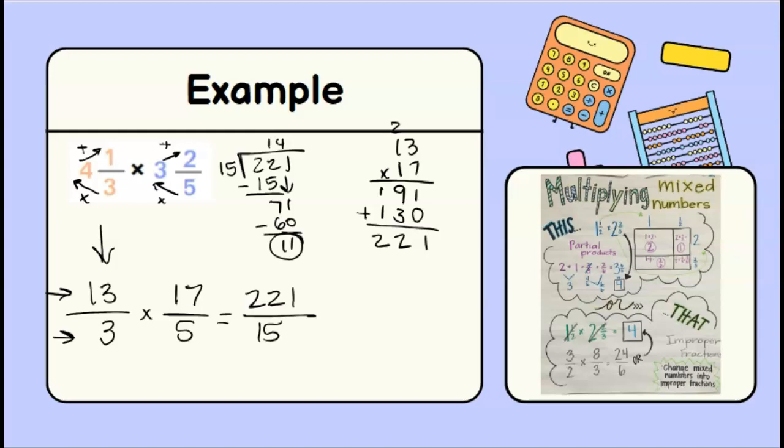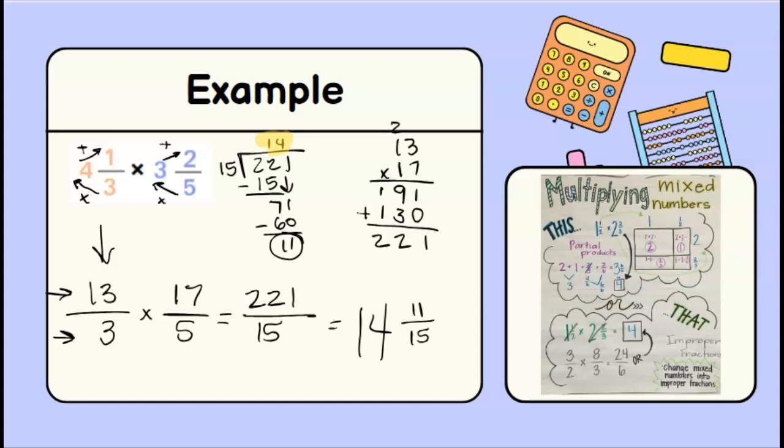Now let's create the mixed number that represents this. Whenever I have a remainder, I really have a fraction of an equal group. So my quotient actually becomes the integer of my answer, and then my remainder becomes the numerator of my fraction.